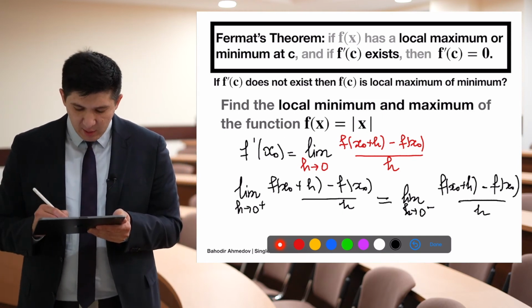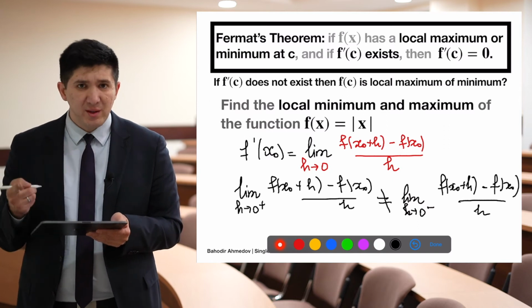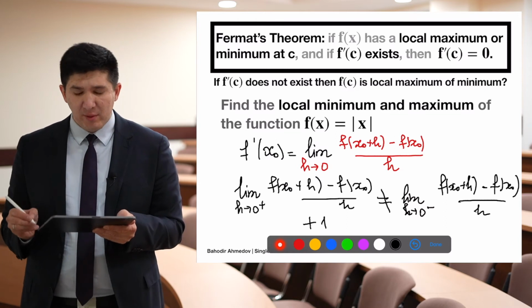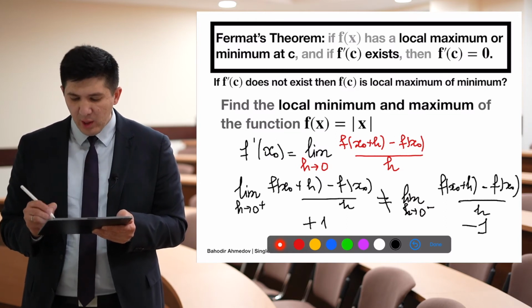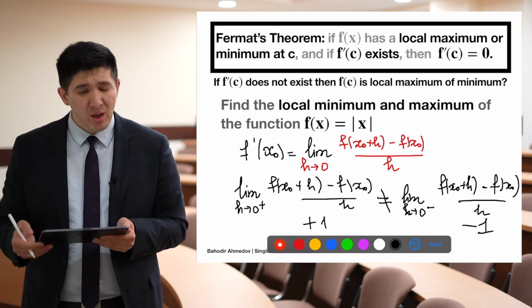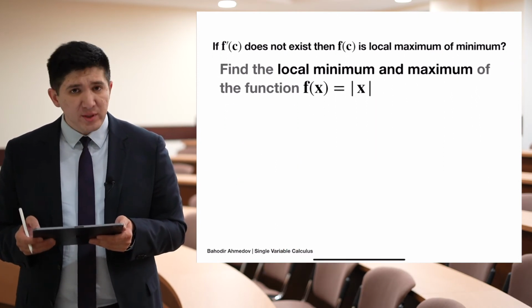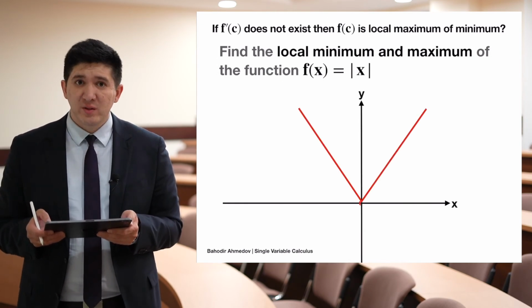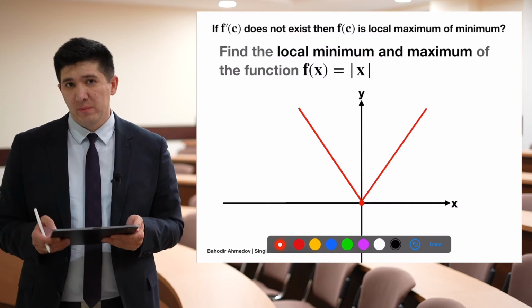So in this case, they are not the same, because if you find the limit from the right, it is going to be plus 1. If you find the limit from the left, it is going to be minus 1. So that is why the derivative doesn't exist at this point 0. But if we look at the graph of this function, we can see that the point where the derivative doesn't exist is the local minimum point.